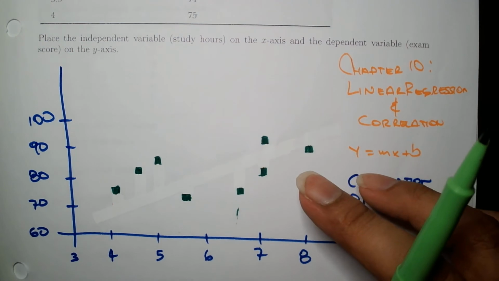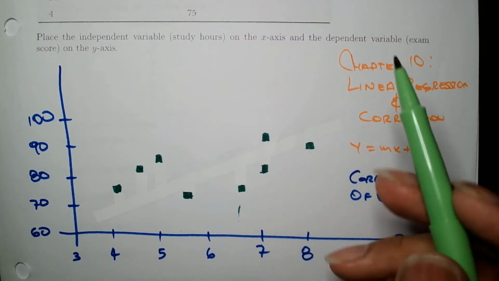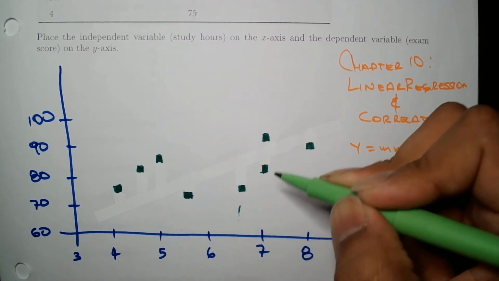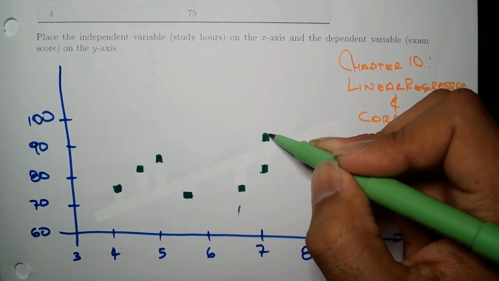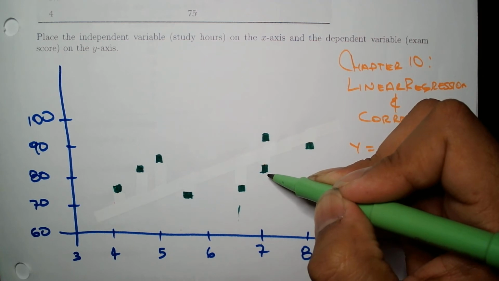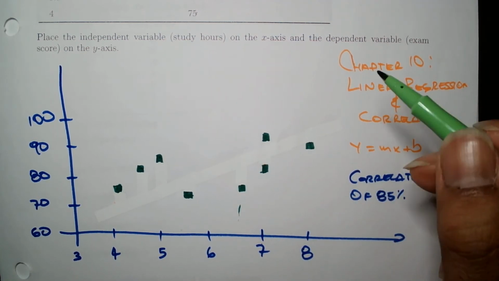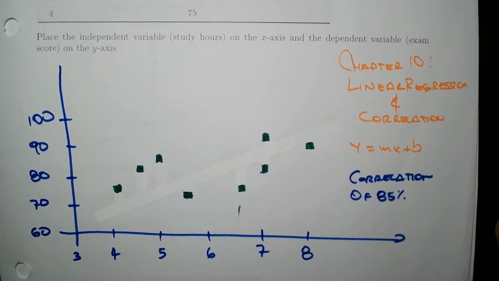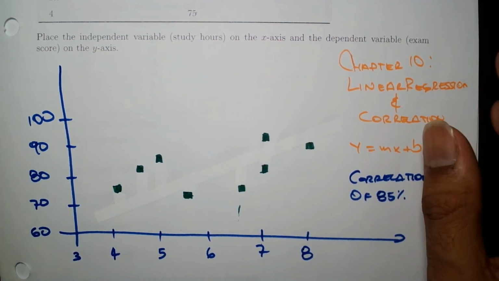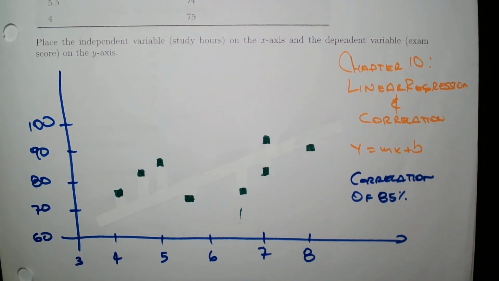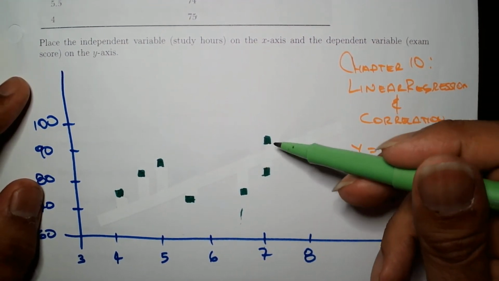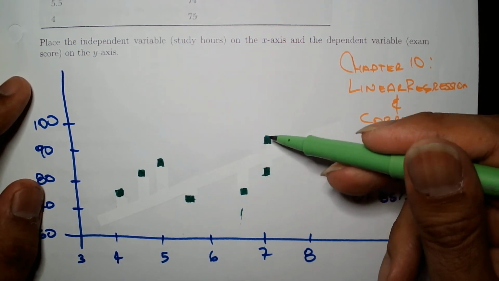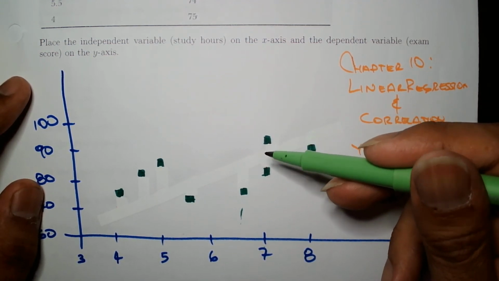So in this case, it's very important to observe that two students actually studied 7 hours, but one of them had a 92 on the test and the other one had an 80. Just by looking at the data, we could potentially conclude that the score on an exam does not necessarily depend on the number of hours studied.